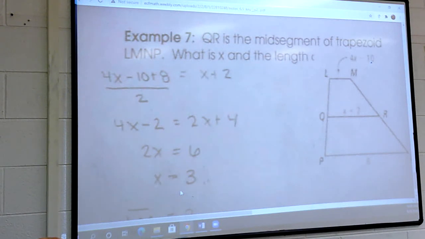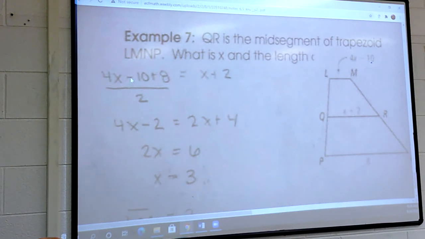To find that middle line, x plus 2, you're taking the first one, the top line, LM, that's 4x minus 10, plus the bottom line, 8, and dividing by 2 to find the midpoint, that x plus 2. So if we do that, let's see what we do. 4x minus 10 plus 8. Okay? 4x minus 10 plus 8.